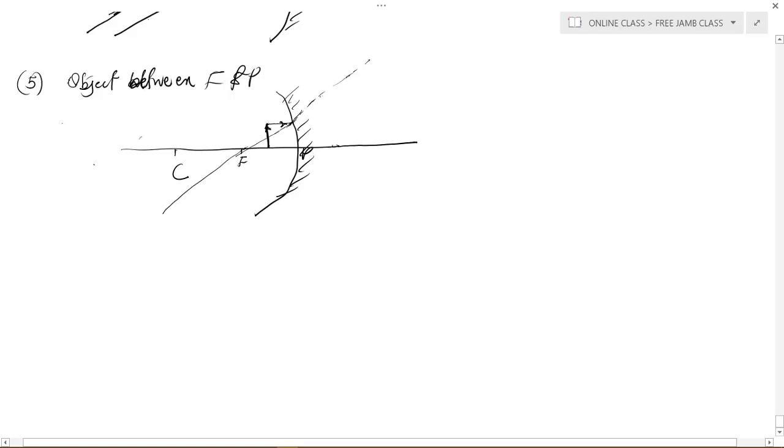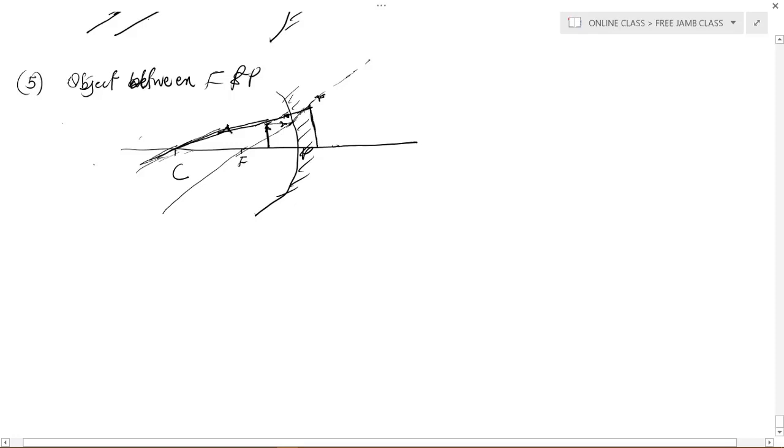Less than 1 minute. So this one also goes like this to C, or reflects backward like that. There, outside goes this way to C, or reflects backward like that. Then the image is formed somewhere around here.